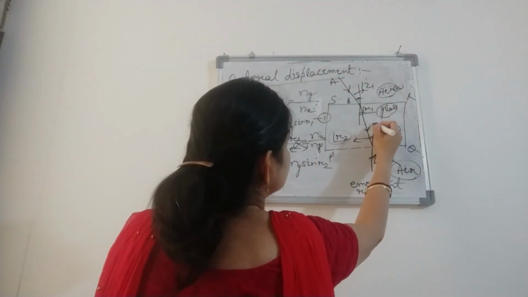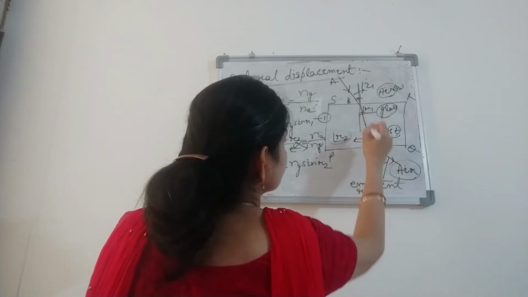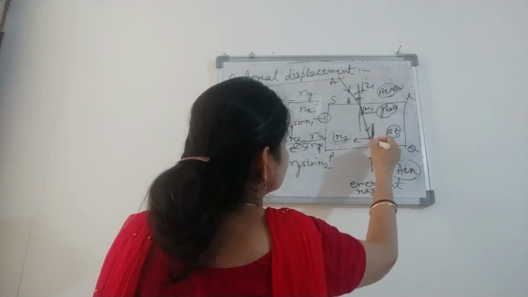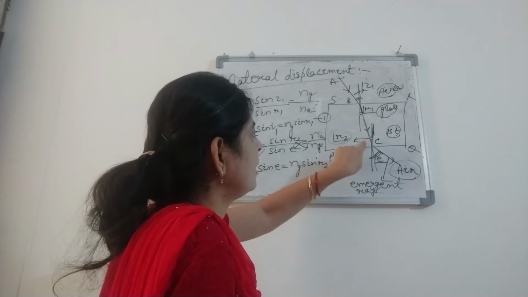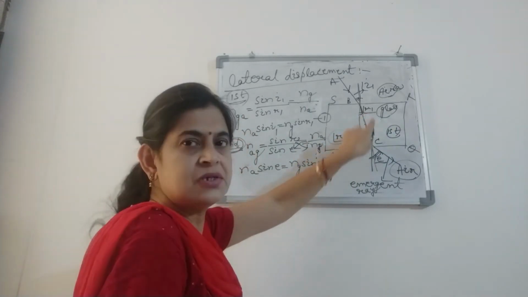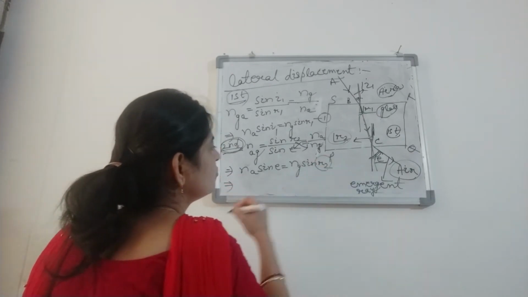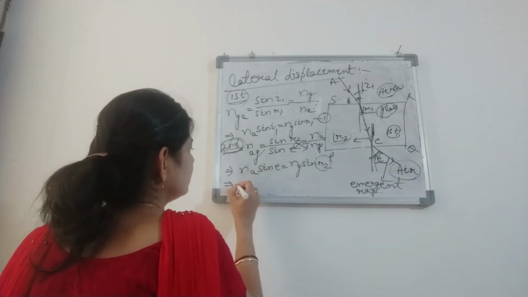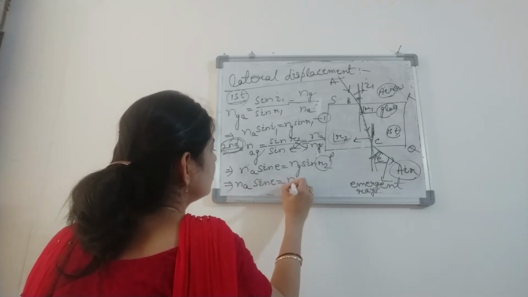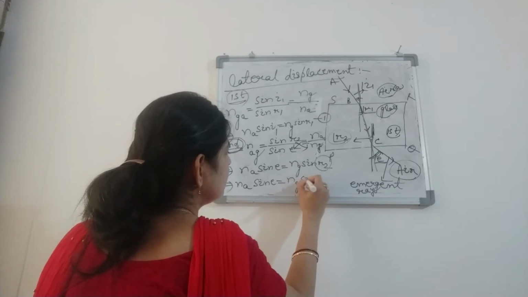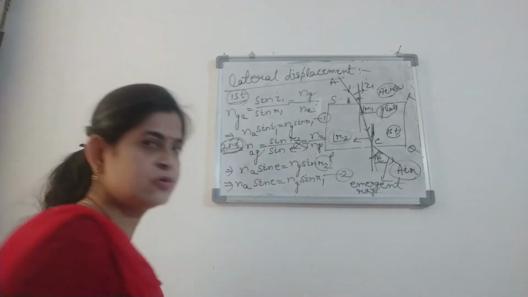But these two normals are parallel to each other. So this angle and this angle, R1 and R2, are equal to each other. So instead of R2, you can write R1 also. NA sine E is equal to NG into sine R1. Suppose this is your equation number 2.